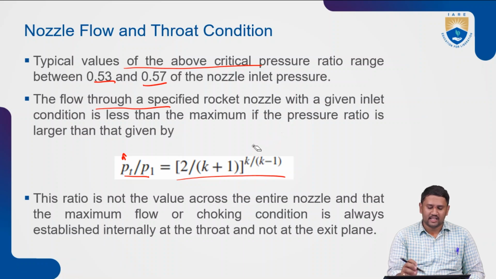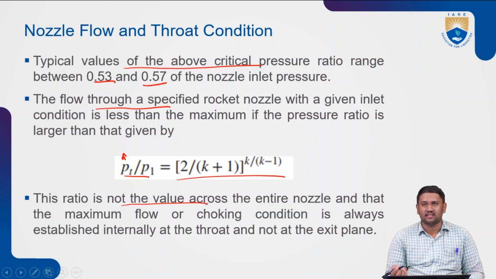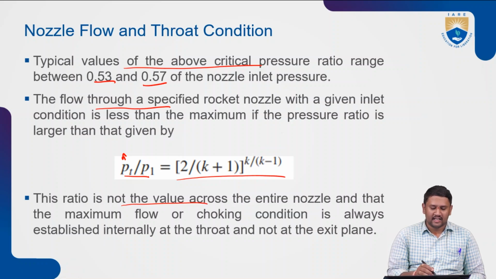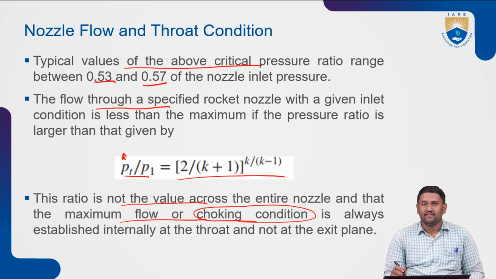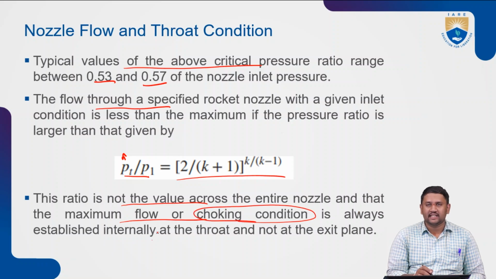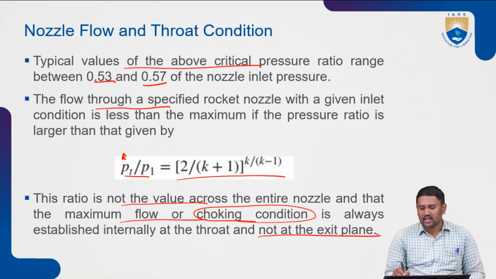Now, this ratio is not the value across the entire nozzle, because that is the maximum flow or choking condition, which is always established internally at the throat but not on the exit plane.